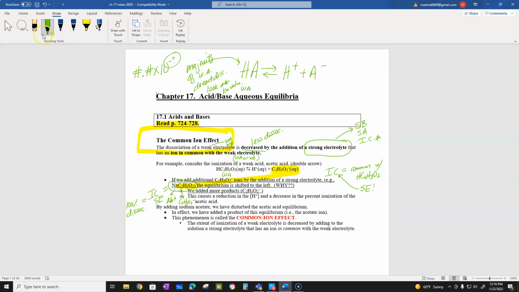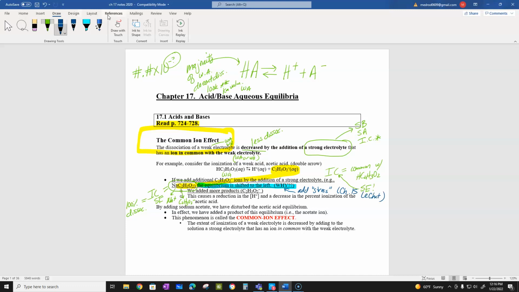And what's going to happen, very important here, is that equilibrium is going to shift. Was there a topic back in chapter 15 where if we added a stress, it shifts equilibrium? It's called Le Chatelier's principle. So it's always coming back to chapter 15, Le Chatelier, on how we affect that equilibrium.